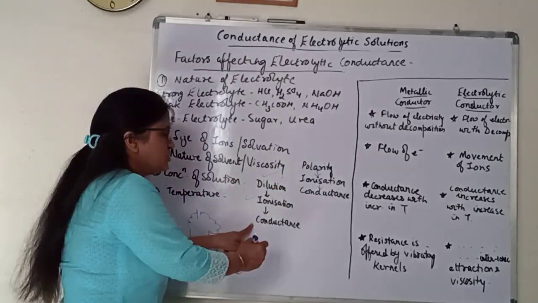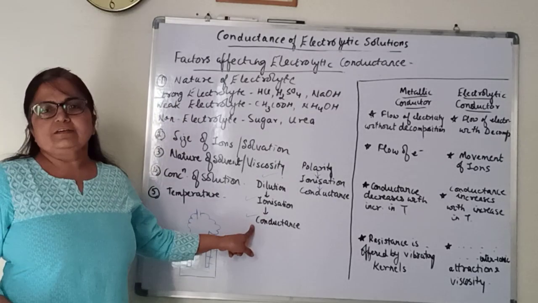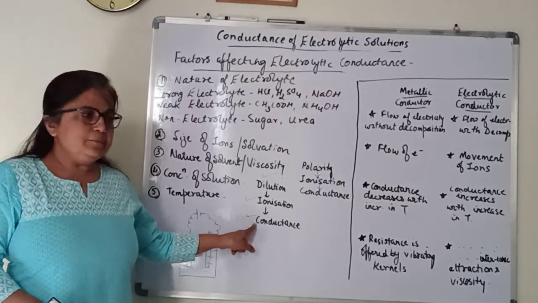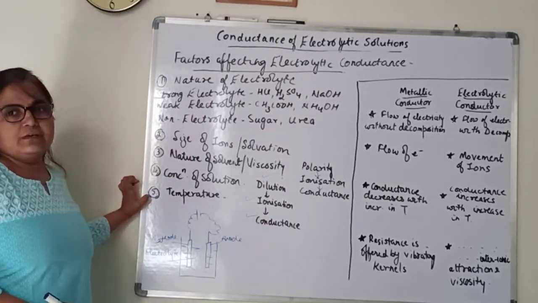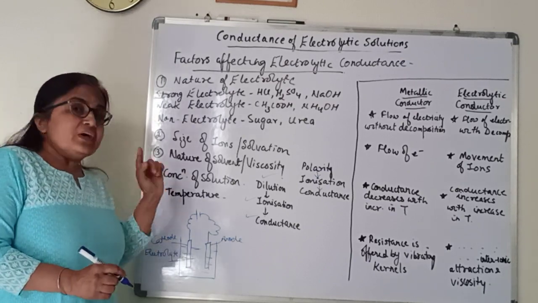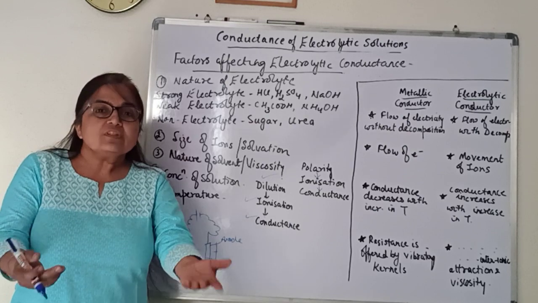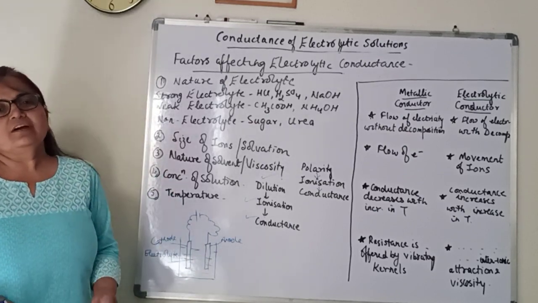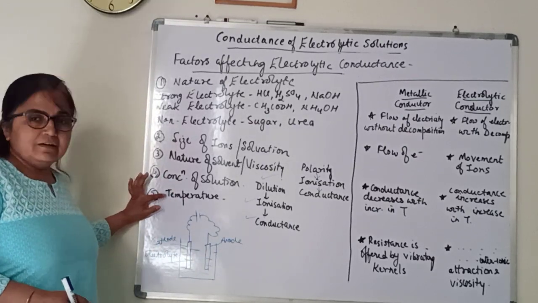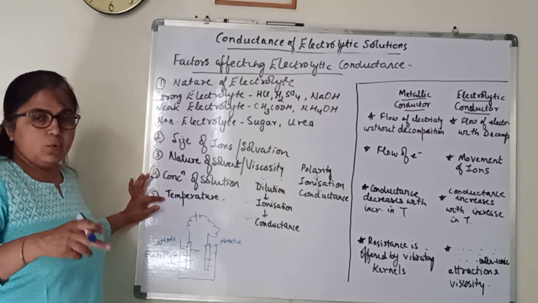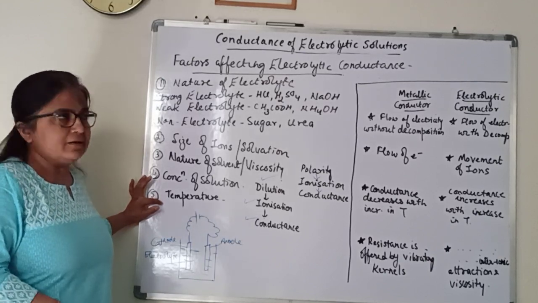More the ionization, more will be conductance. That is the fourth factor, right? Fifth factor, temperature. With the temperature, ionization will increase. More the ionization, more is the conductance. So we can say here directly proportional. More the temperature, more the electrolytic conductance.